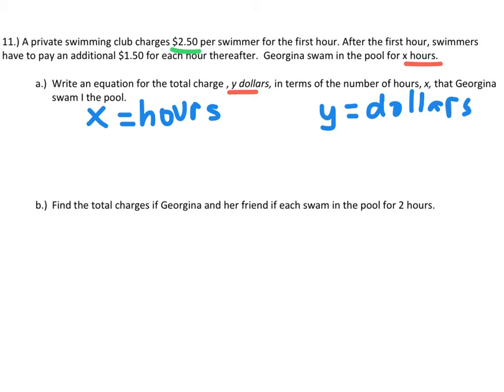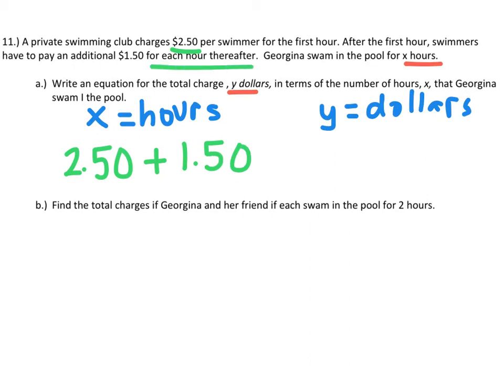So our equation will be $2.50 plus $1.50 for each hour thereafter. Now we don't know how many hours Georgina is going to swim, and each hour thereafter would give us the Y dollars. So if we subtract the 1, that would give us $1 off of the $2.50. So if we use this equation, we should be able to solve the problem.